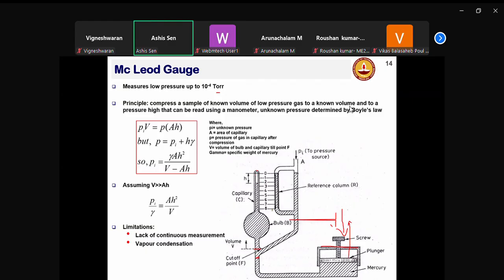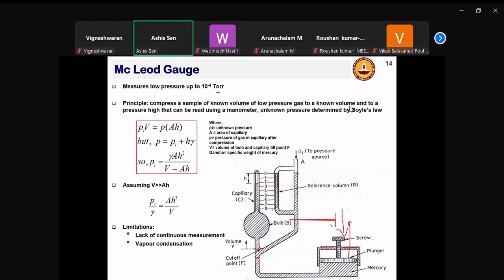into this small volume here. So you can apply Boyle's law, which is PV equal to constant. Initially, the pressure of this source fluid, indicated by the white color, is Pi, which is what you want to measure.